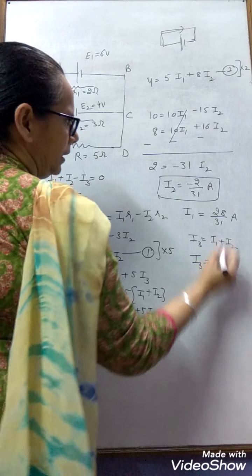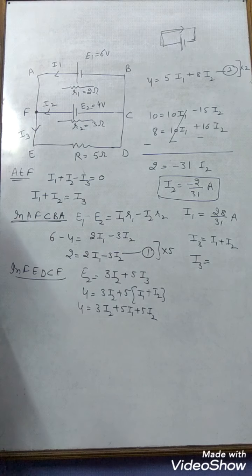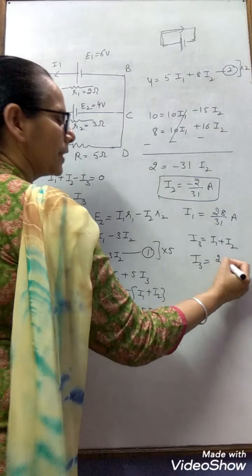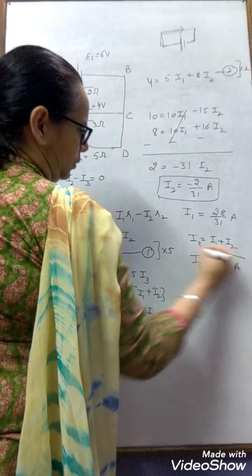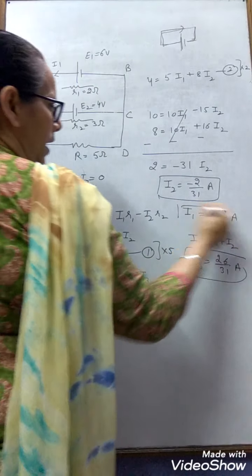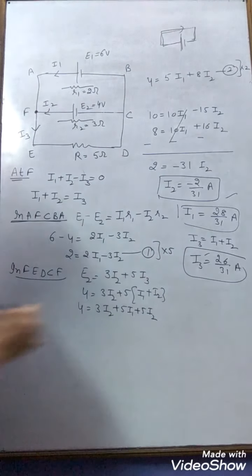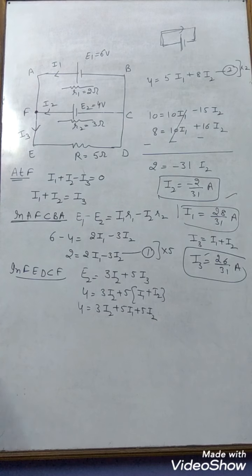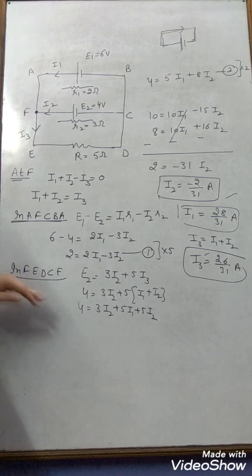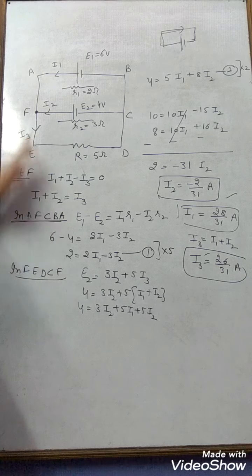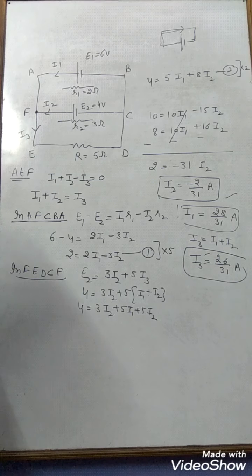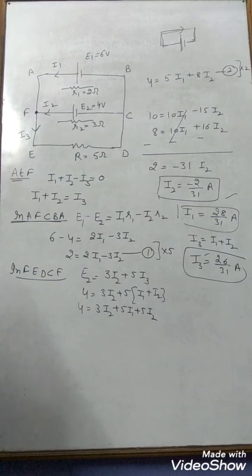By using these two values, we get 26 by 31 ampere. So we found I1, I2, I3. That is the question of Kirchhoff law, how the Kirchhoff law is used to find the values. So keep practicing these by taking different networks. Okay, thank you.